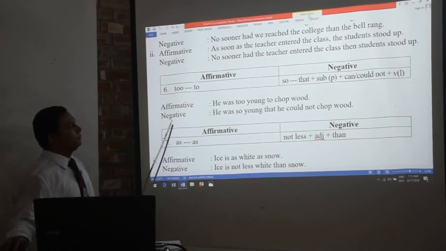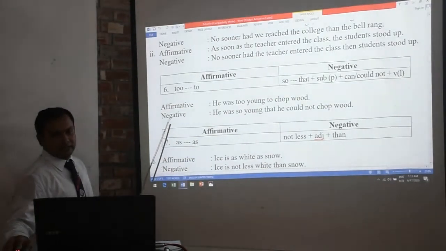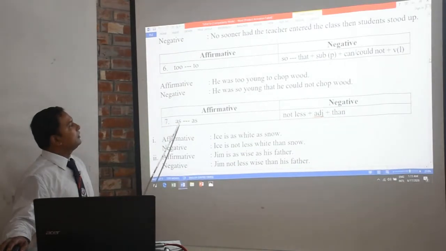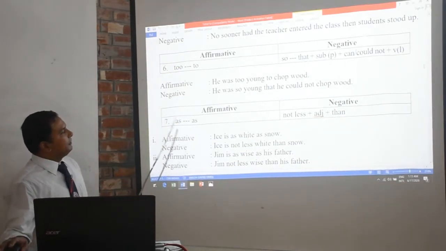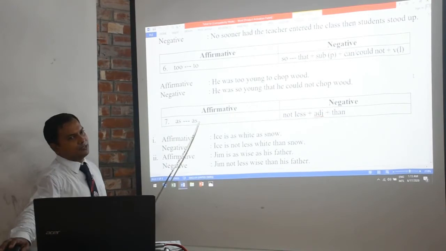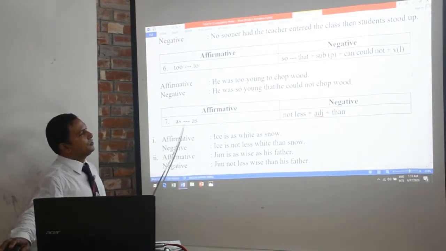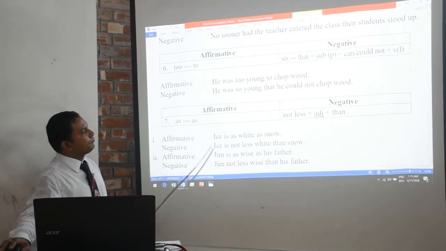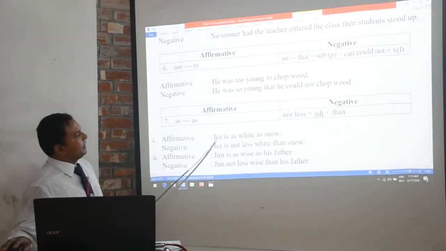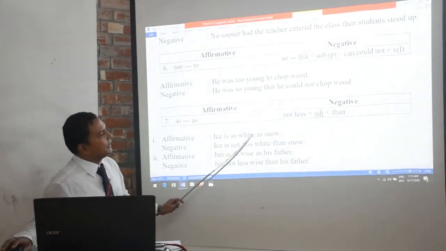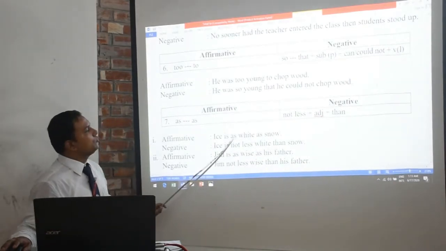In the next rule, you see there is "as." For this "as" you can also use "so as." But this "as" will be the same. In this sentence, you see, Ice is as white as snow. There are two "as."